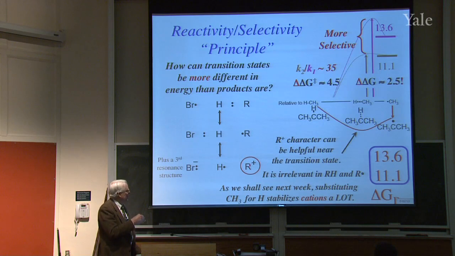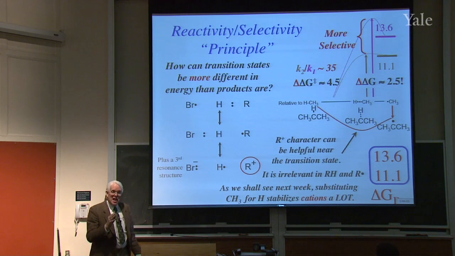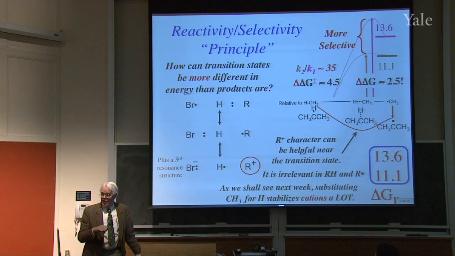But this is important, this resonance structure, only at the transition state, not in the starting material and not in the product. So we make a mistake if we assume that the character of the transition state is intermediate between starting material and product for this one-step reaction. There are actually special factors that apply only in the transition state.